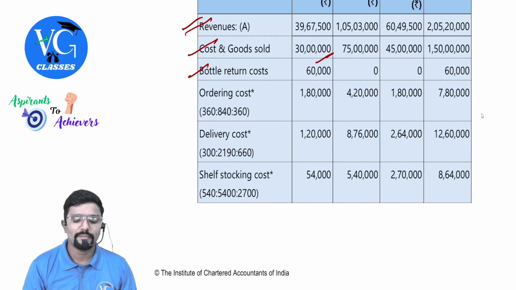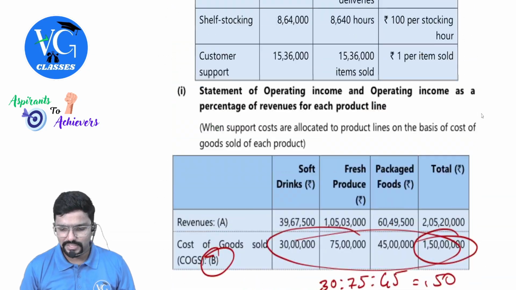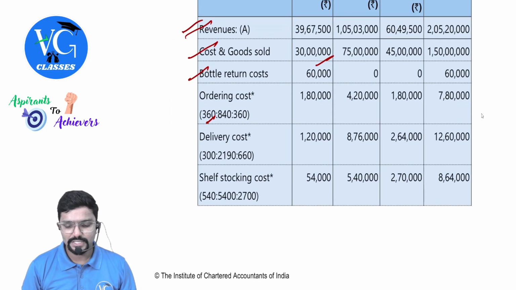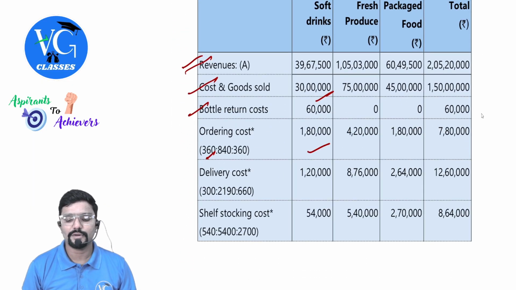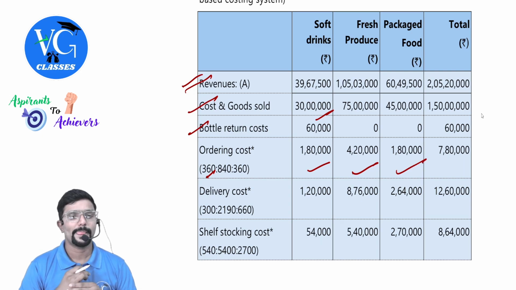Whatever amount we have got, multiply it. For soft drinks, it would be into 360. 500 into 360 is for this product. 500 into 840, fresh produce. 500 into 360, that is for packaged food.